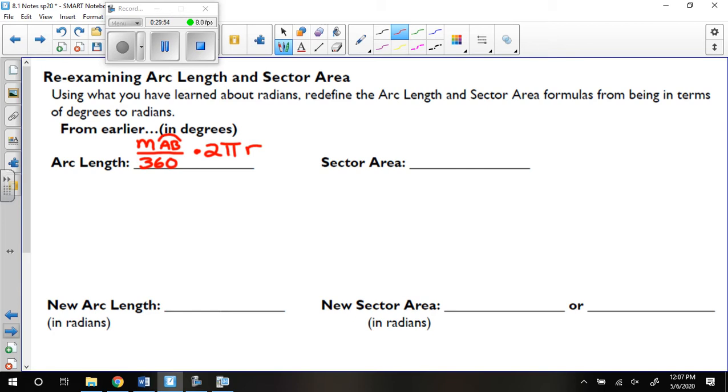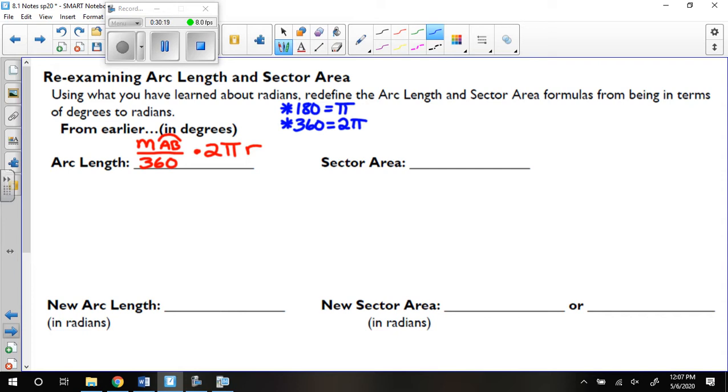Now remember, I said 180 degrees is equal to pi. We figured that out a few slides ago. Doesn't that mean that 360 degrees would be 2 pi? Because 180 times 2 is 360, pi times 2 is 2 pi.